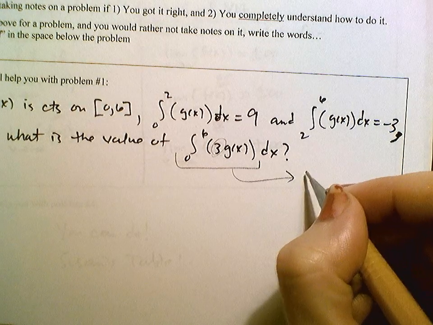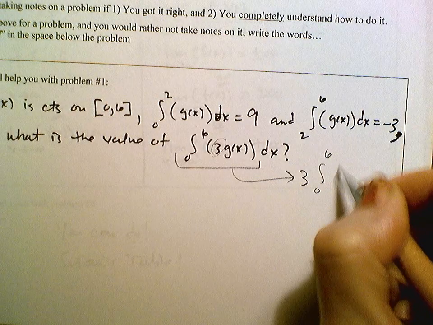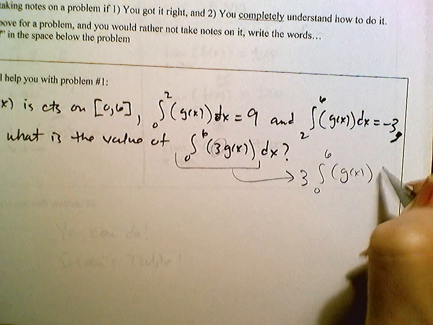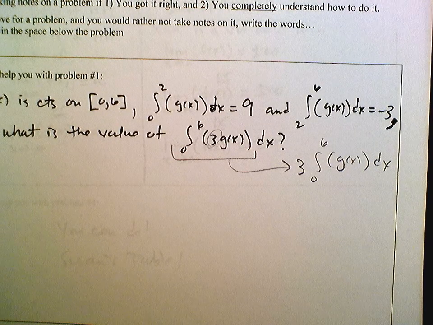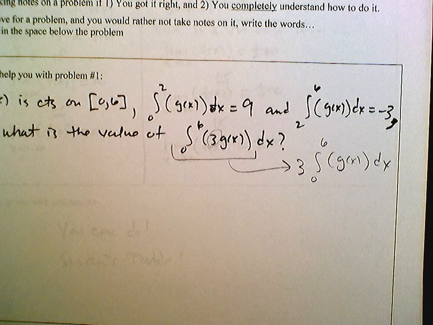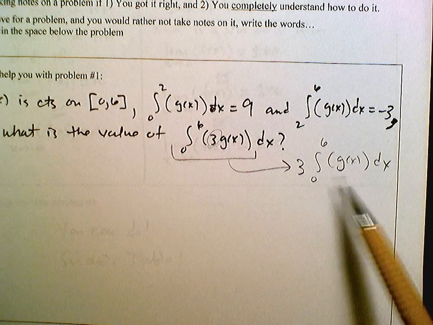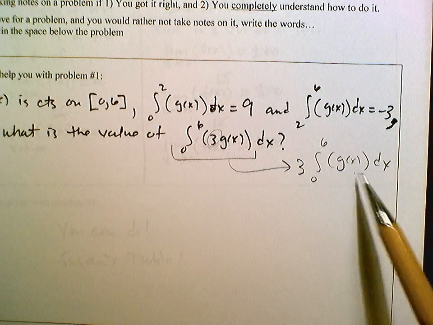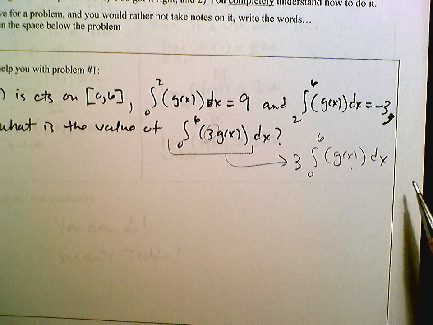So when you do this, you're basically taking out the greatest common factor, if that was not clear. I'm not sure if I made that super clear when we learned this, but okay, so that's that. So basically, if we could figure out the integral from 0 to 6 of g of x, then we just multiply it by 3, and then we have this value.